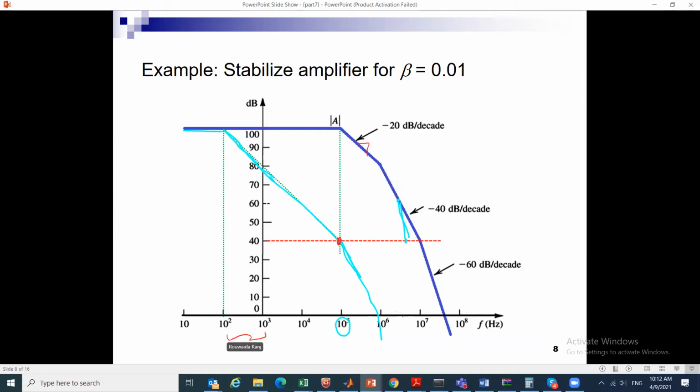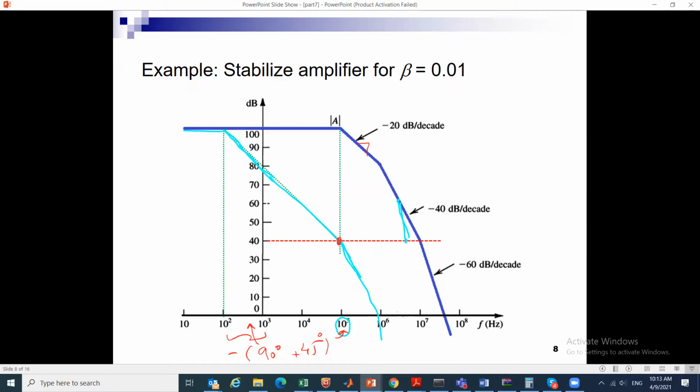So the first pole gave me 90 degrees fully, and the second pole would have given me 45 degrees, right? From the second pole. And so this is minus 135. Hoping that the other poles are far, and have not started to contribute yet, as in the example here. Okay. All right. Thank you.